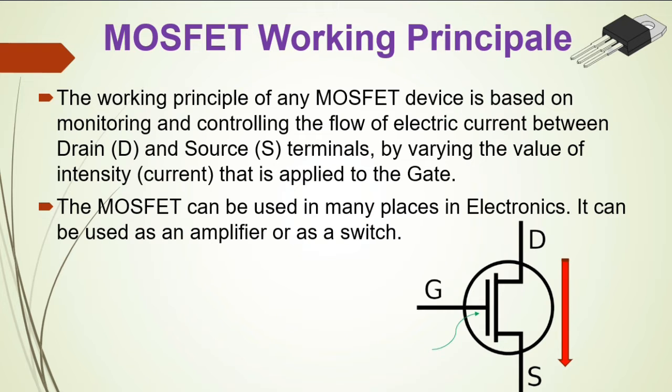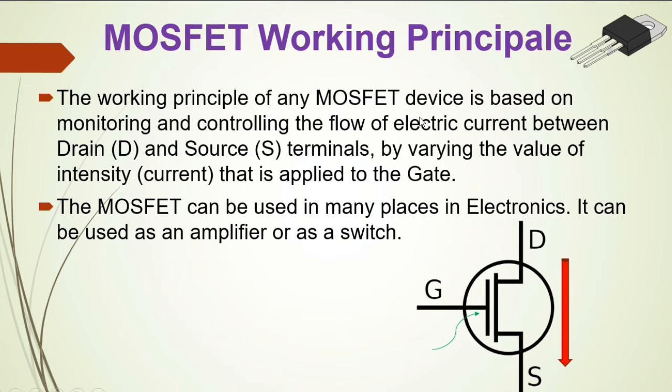The working principle of any MOSFET device is based on monitoring and controlling the flow of electric current between drain D and source S. As you see here, this arrow means the electric current flows between drain and source.